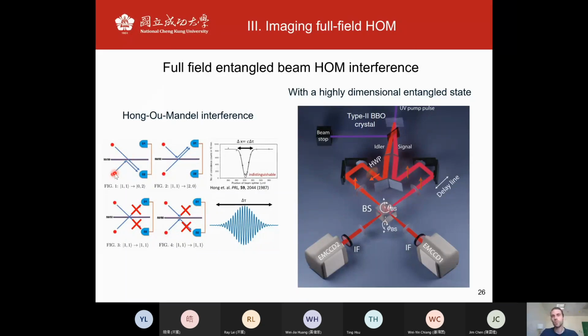So classically, what you would expect to see are four possible cases, and you would expect that half of the time the two photons coming onto the input of your beam splitter each take a random exit, which means that half of the time the two photons exit by different outputs, and half of the time they take the same output.